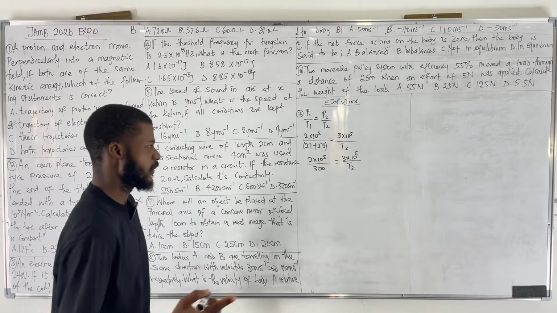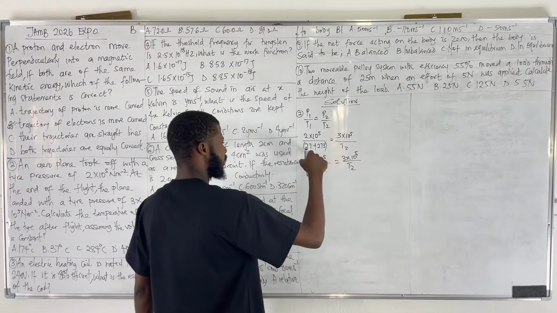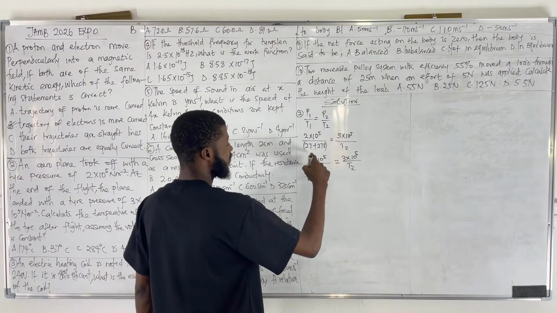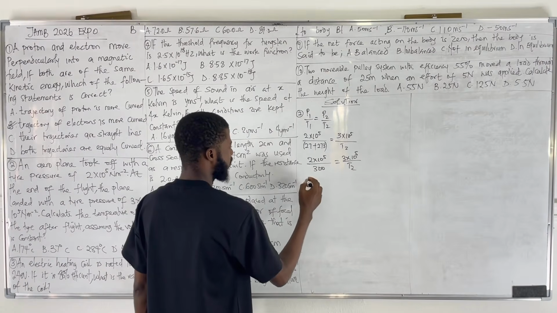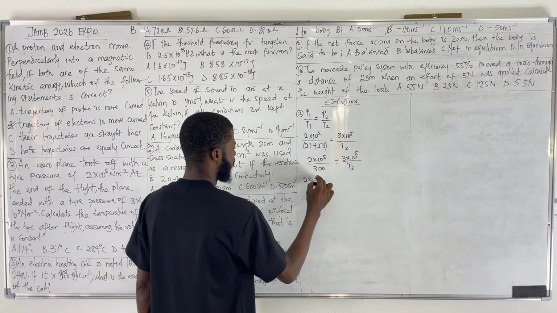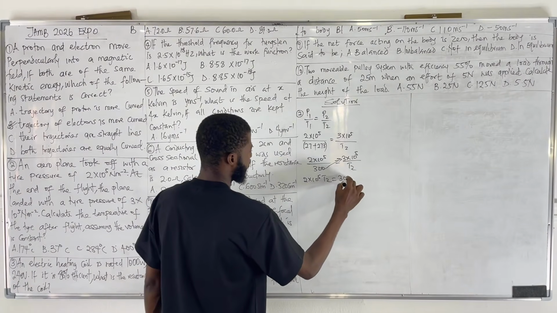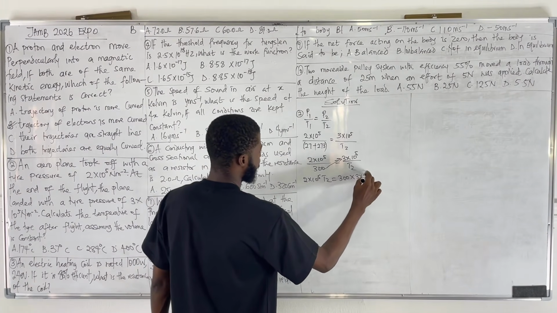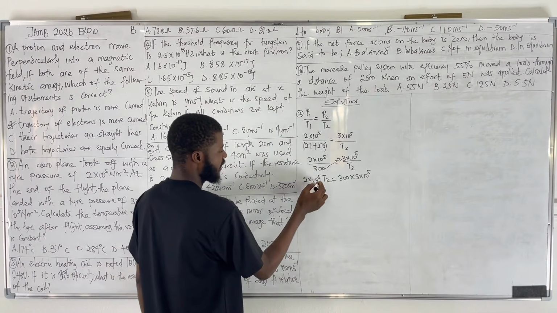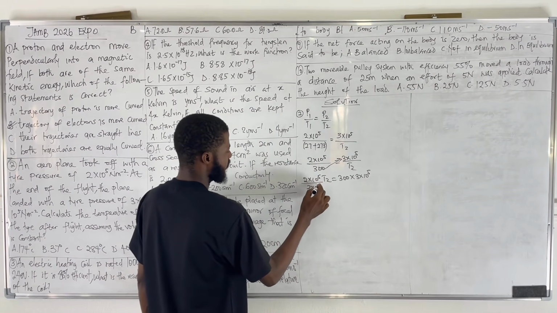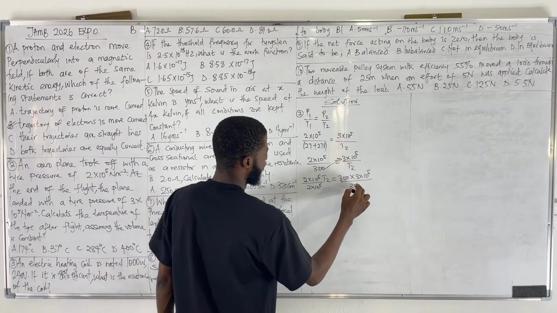There's an easy way to make some sort of formula here. So I'm going to take this one to this side. Yep, it's like cross multiplying. So let me just do it carefully. 2 times 10 to the power of 5 times T2 is equal to 300 times 3 times 10 to the power of 5. And of course, to find T2, divide both sides by 2 times 10 to the power of 5.